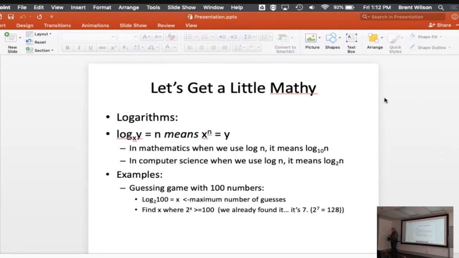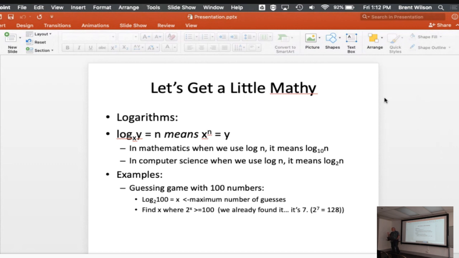That's the maximum number of guesses that we would have to find. And so we want to find x. When 2 to the x is greater than or equal to 100, we found it. It was 7. So in that guessing game, we know that it's going to be 7 guesses maximum.